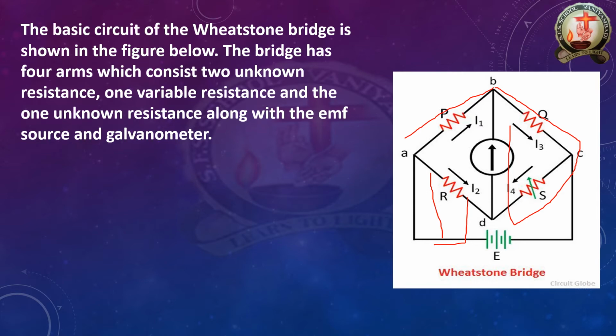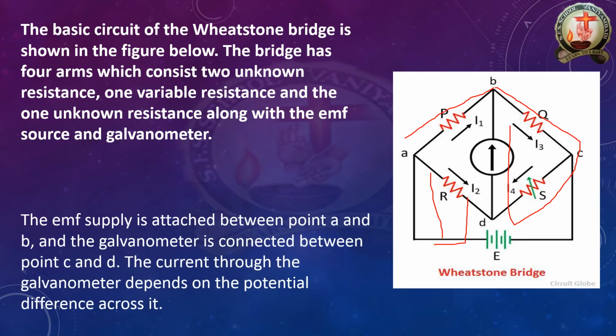This S will be adjusted to the null deflection. I already said A to B is I1, B to C is I3 and C to D is I4. So these currents are helpful to find out how much current will pass through the resistances P, Q and S, and I2 is helpful to find out the resistance of the electrolytic cell with the help of the electrolytic electrodes.